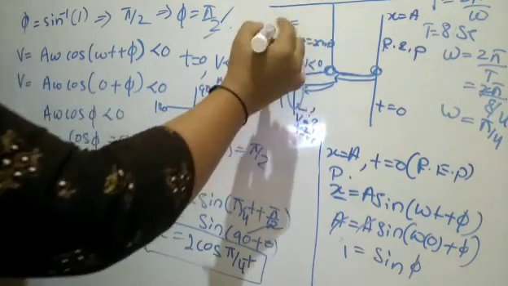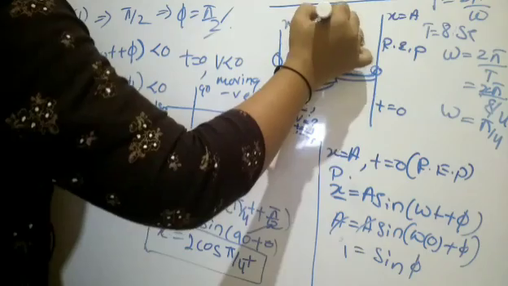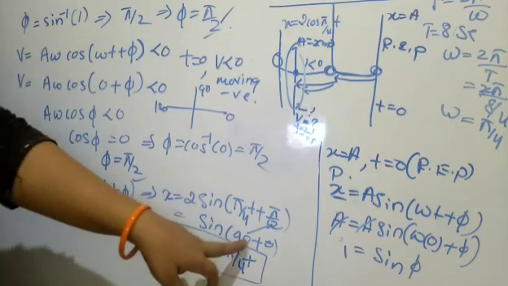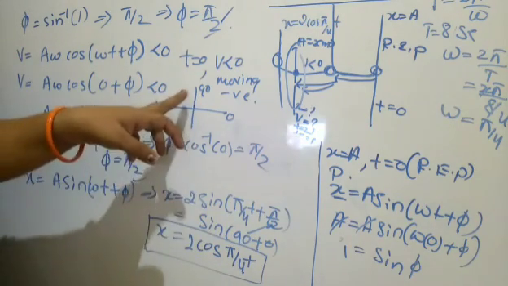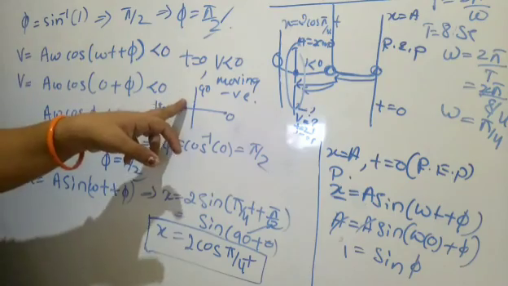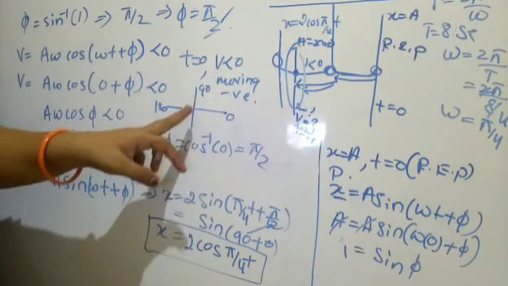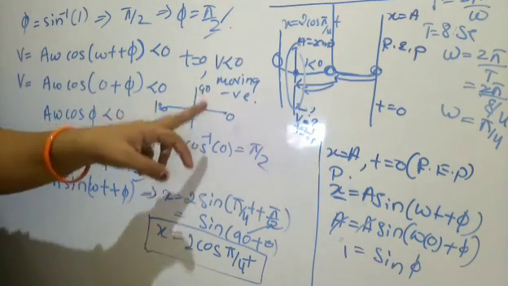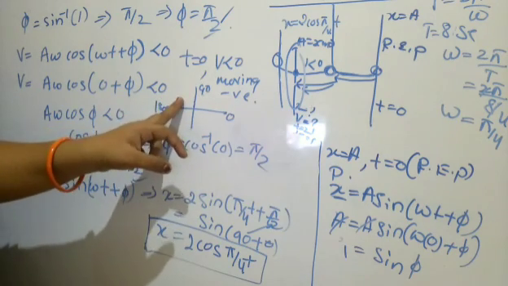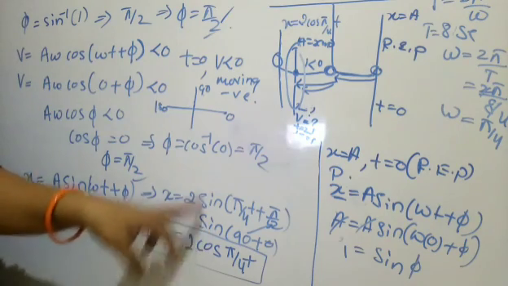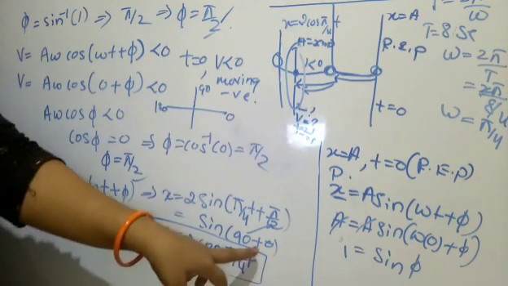So x we got here is 2 cos pi by 4 t. Here again the particle is moving in the negative direction, and 90 plus theta is cos theta. In the second quadrant cos is negative, but the derivation form is sine. So sine is positive here, so that's why 2 cos pi by 4 t.